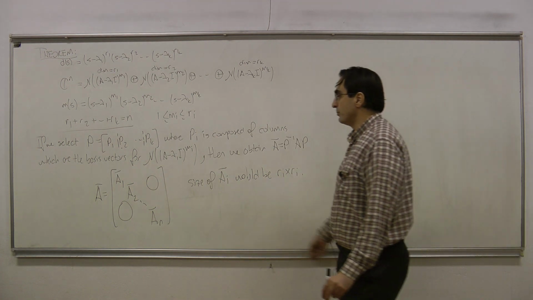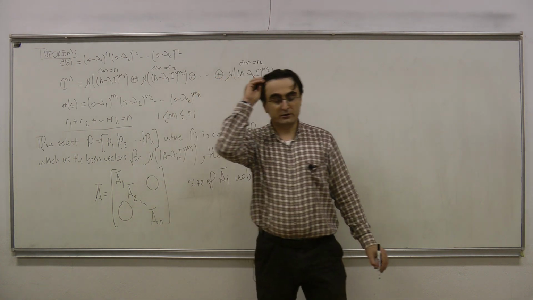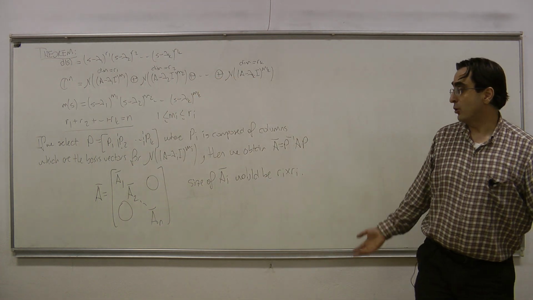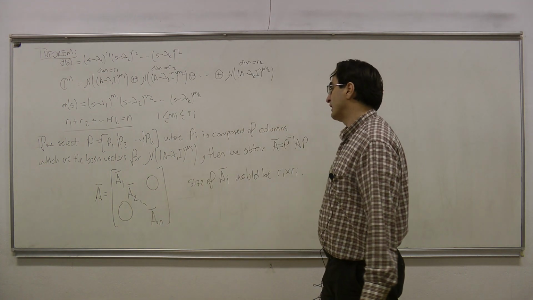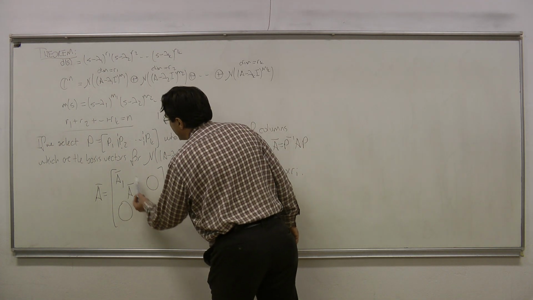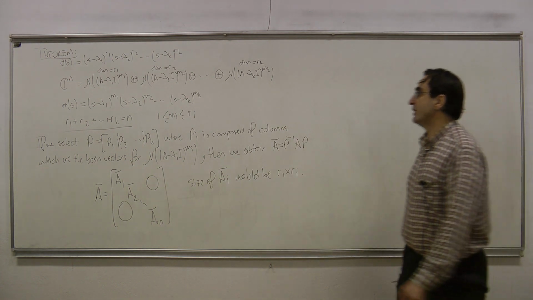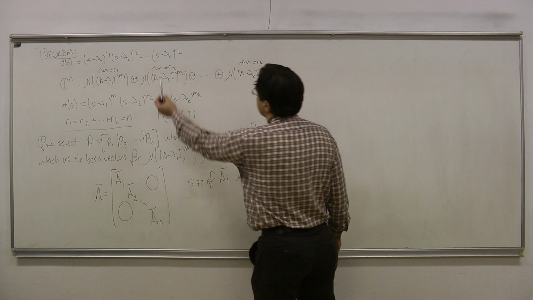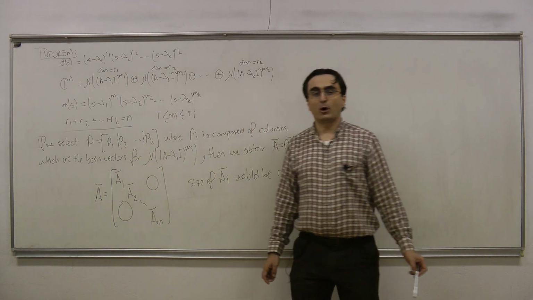Because when we obtain this block diagonal simple representation for the matrix, these block sizes would be determined by the dimension of the invariant subspaces that we obtained our P matrix from.